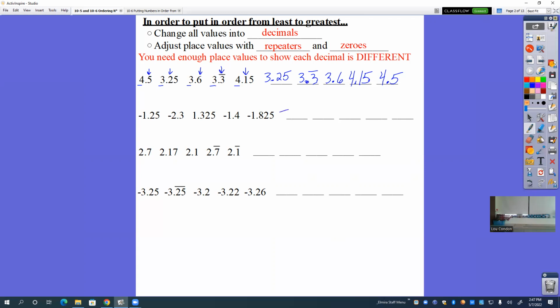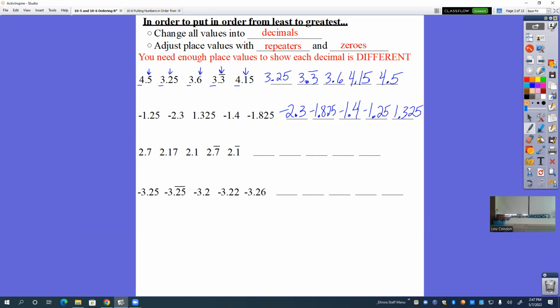So we would start with negative 2.3, followed by negative 1.825, followed by negative 1.4, followed by negative 1.25, and finishing up with positive 1.325.